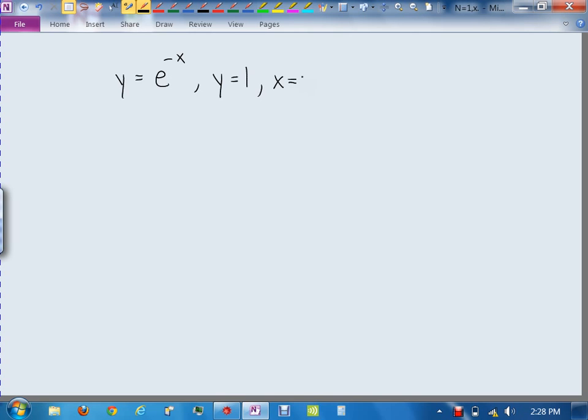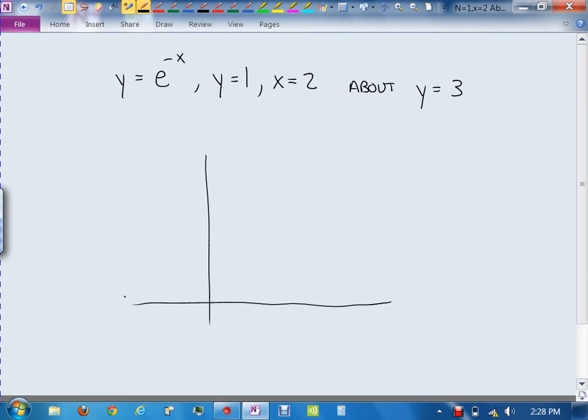Yeah, they did. X equals 2, about y equals 3. So our picture's exactly the same, isn't it? There's no difference, except for the axis of rotation. Our picture does the same thing.